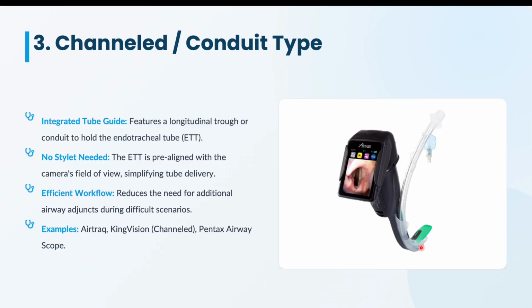However, they also have a channel, and the endotracheal tube has to be fitted inside this channel before performing the laryngoscopy, which takes a particular shape. Once you get a view, you just have to push the tube into the vocal cords or trachea. So you don't need a stylet. Plus, the learning curve is better. You can learn them relatively easier than non-channeled scopes. Examples are AirTraq or King Vision video laryngoscopes.